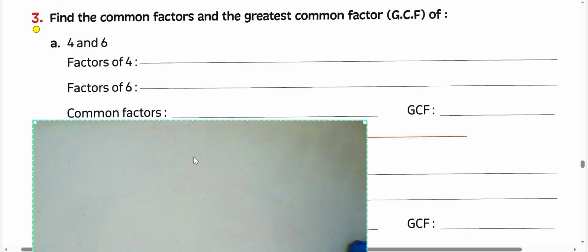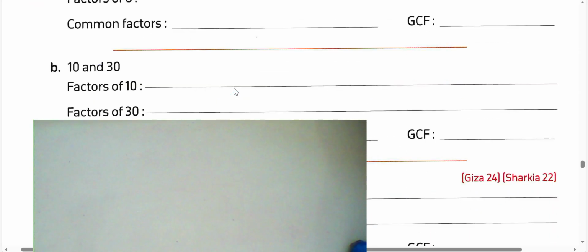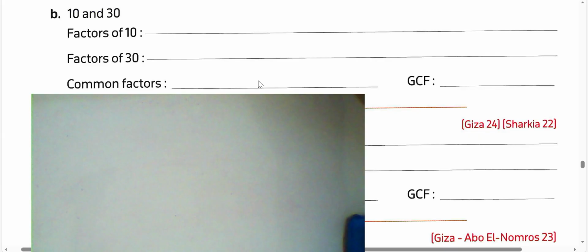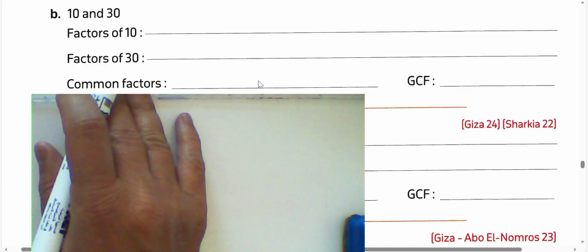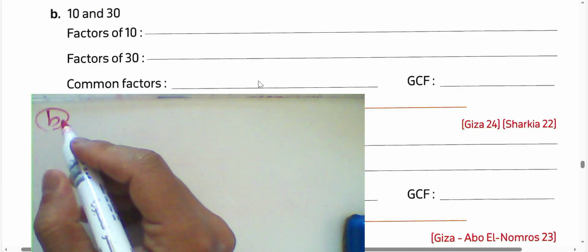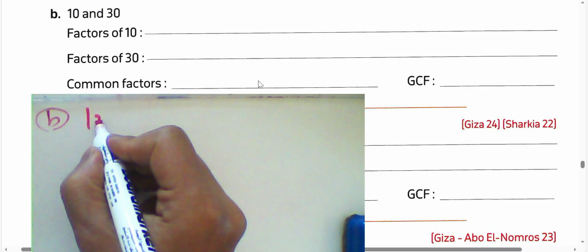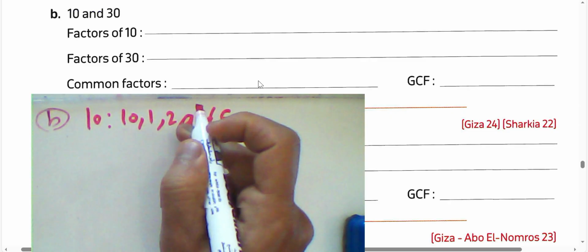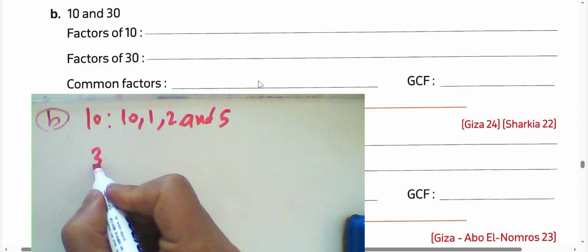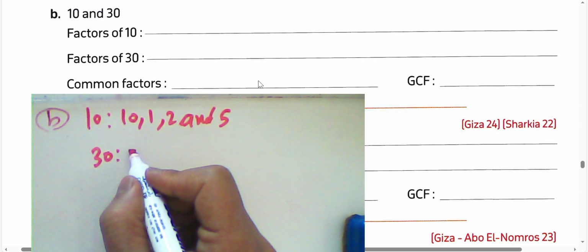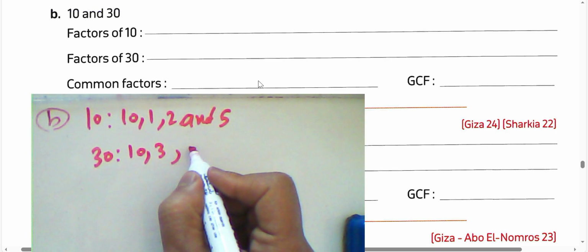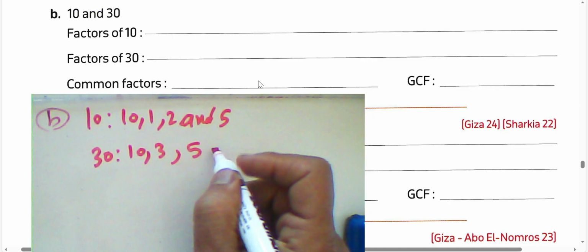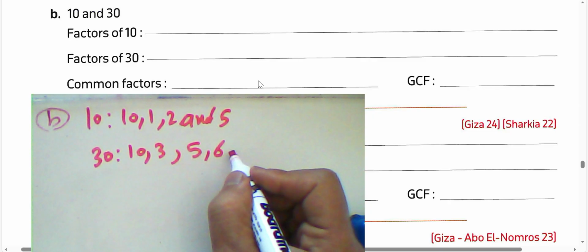We have 10 and 30. We can get the factors of 10: 10, 1, 2, and 5. Factors of 30: 10, 3, 5, and 6, and also 2 and 15.